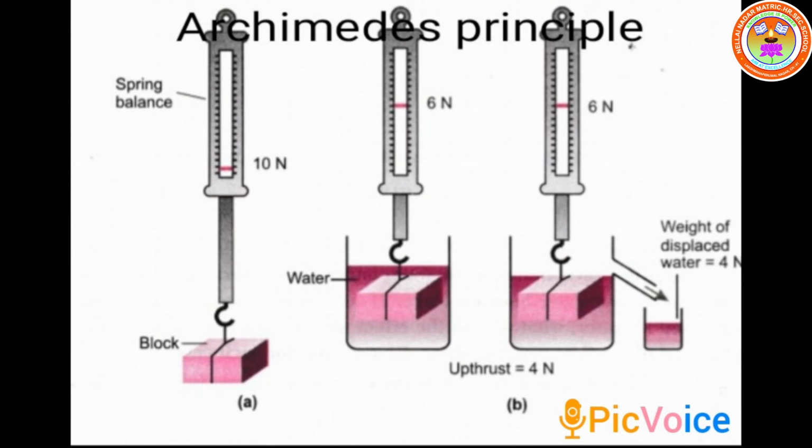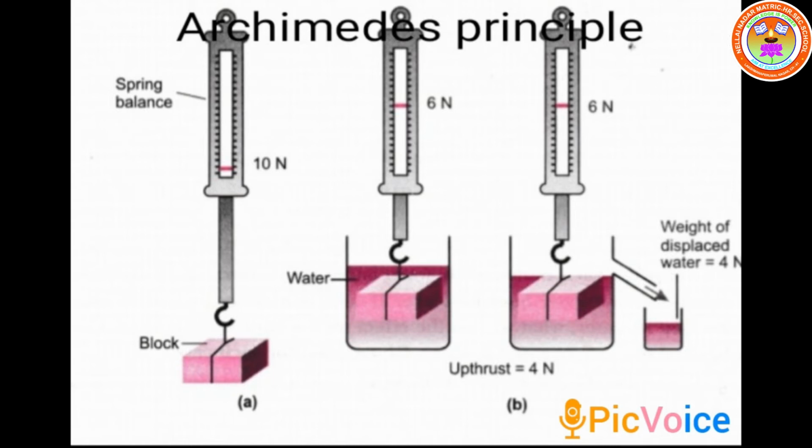Look at the picture, students. In the first picture, figure A, there is a spring balance with a weight. That block's weight in air surrounding is 10 N. The same object, when you completely immerse it in the water, loses some weight.